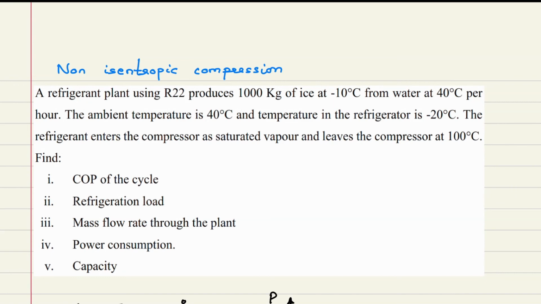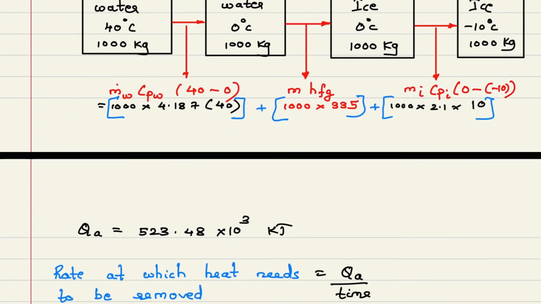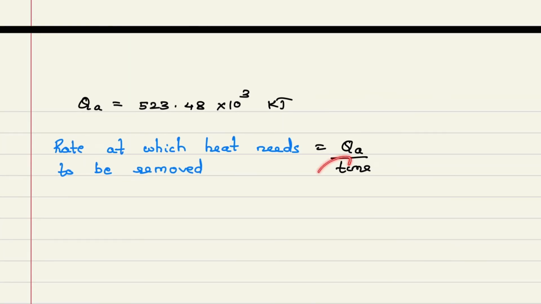Okay, so we have to divide by, convert that hour into seconds. So this time is per hour. How to convert? Denominator 1 hour is there. Convert it in seconds. So multiply by 3600. So Q dot A finally will be equal to QA, which is 523.48 into 10 to the power 3 divided by time, 1 hour.